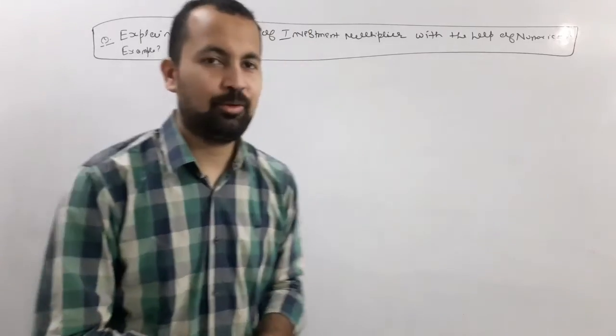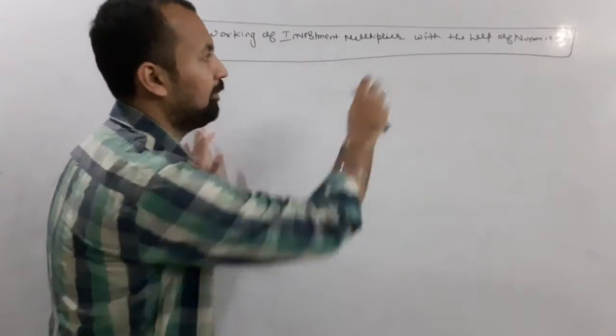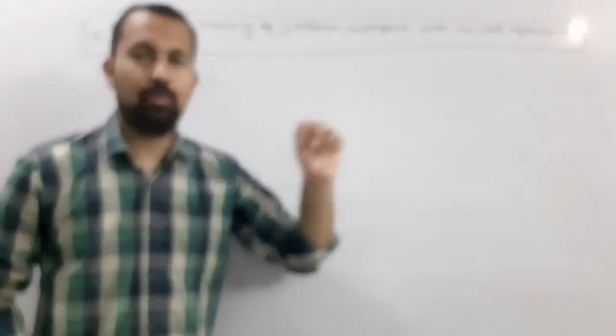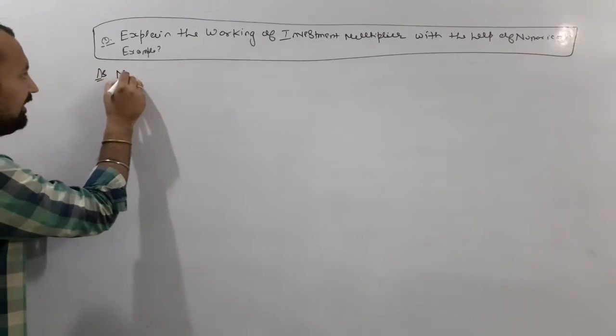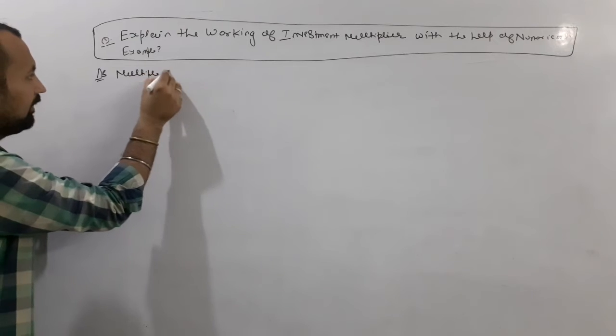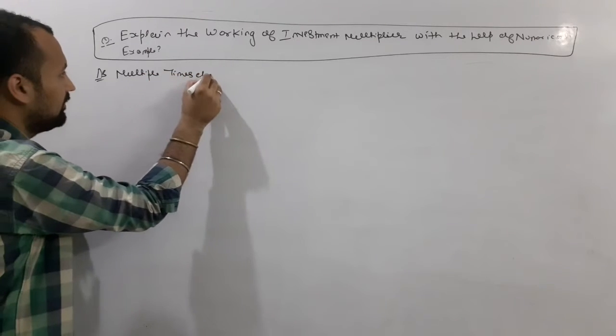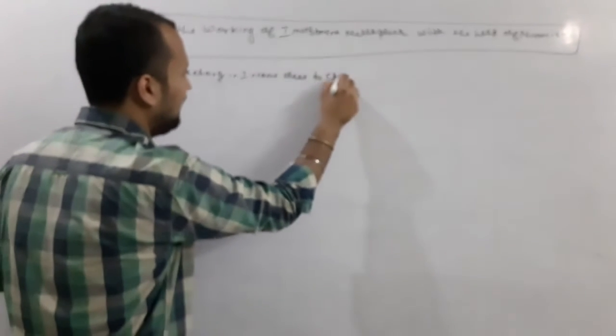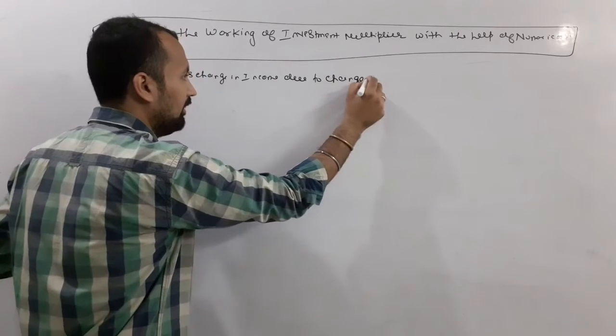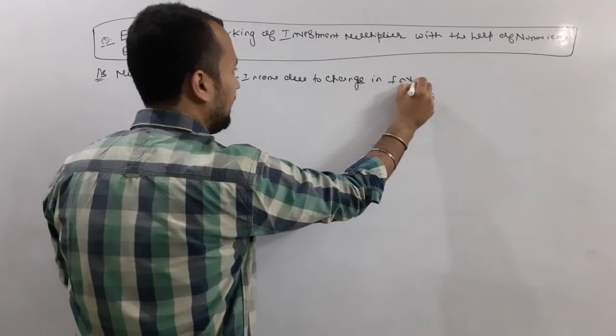Now we are starting with the next question, that is working of investment multiplier with the help of a numerical example. How to explain this question? First of all, we need to write the meaning of the multiplier. It means multiple times change in income due to change in investment.